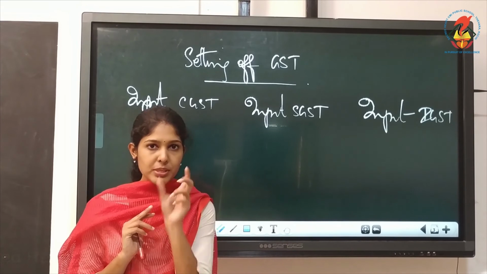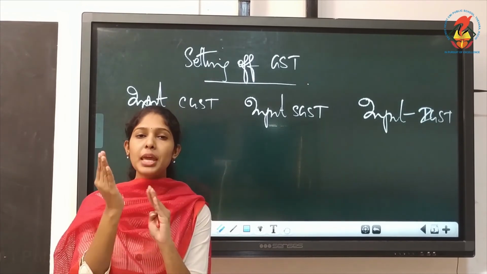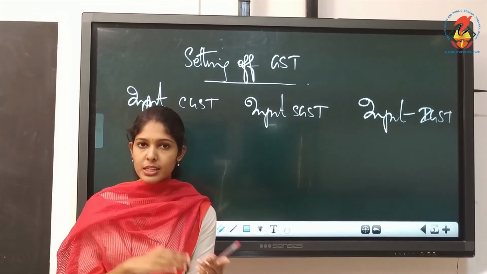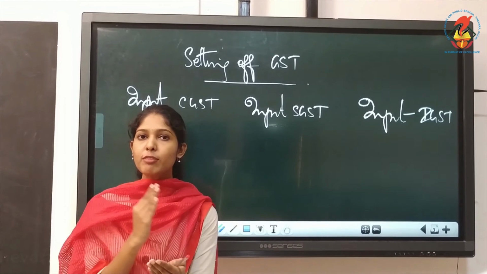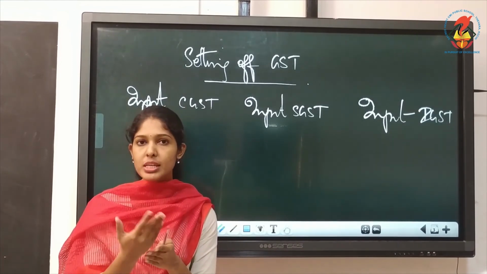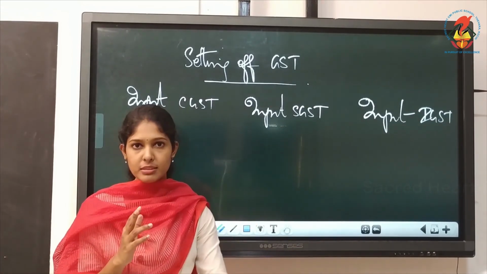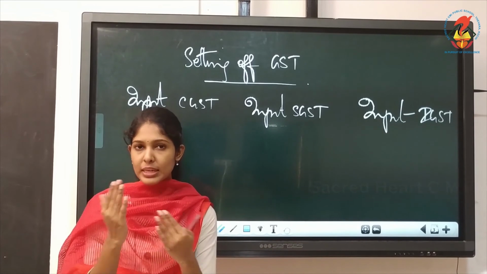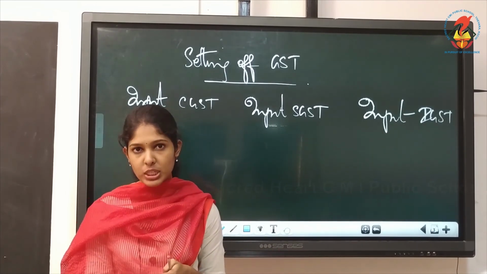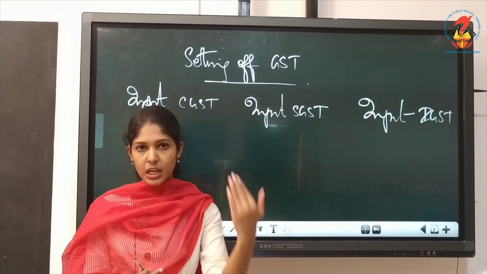Suppose you collected rupees 30,000, all these we have discussed now. Now these two can be set off. What we paid is 10, what we collected is 30. So in effect what moves out of the business is 20,000. What is payable to the government? It is the 20,000 going to the government. So we can always set off input GST against output GST, and the balance will be paid to the government.